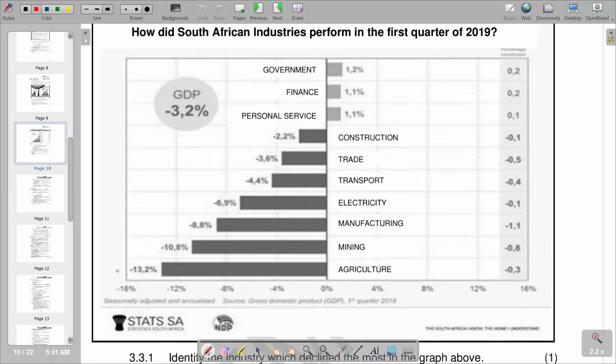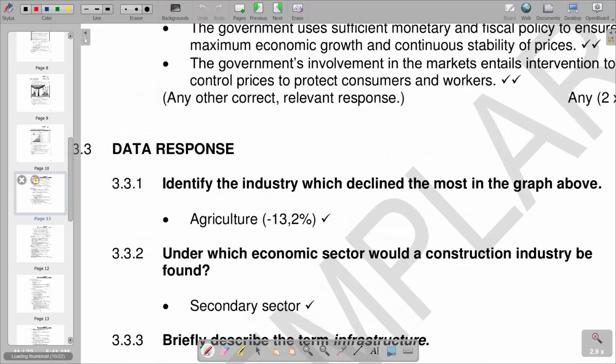So we have identified negative 13.2 here as our greatest decline, which is the agriculture industry. So we have that, which we are supposed to mention in our answer by saying agriculture, which indicates a negative 13.2%, representing the industry which declined the most in the graph that we are given.